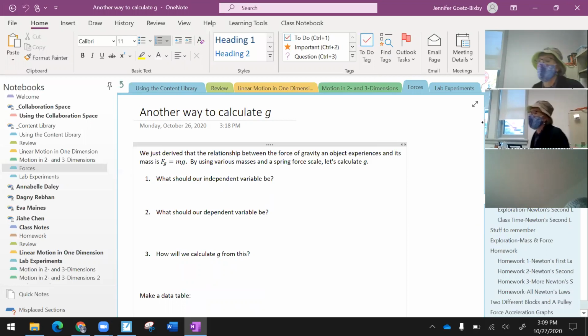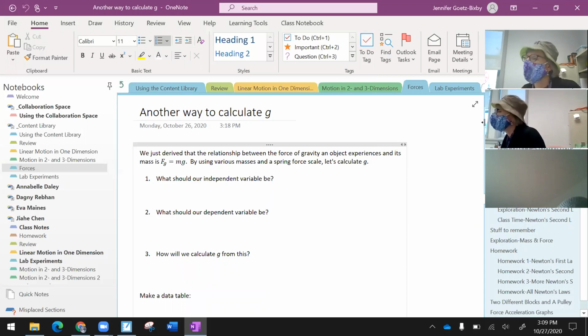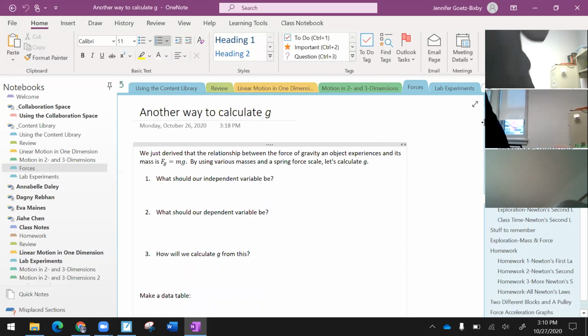Okay, so we just discovered that a formula that we can use to calculate the force due to gravity, or the weight, is mg. And what I have in my newly cleaned hands are a bunch of spring scales.